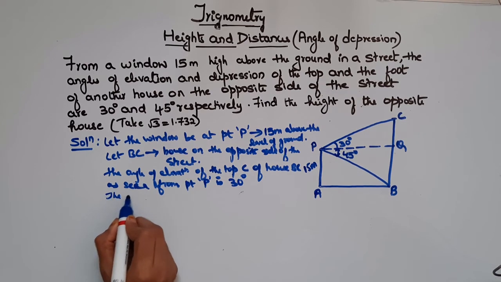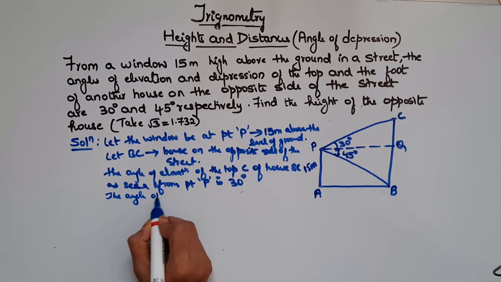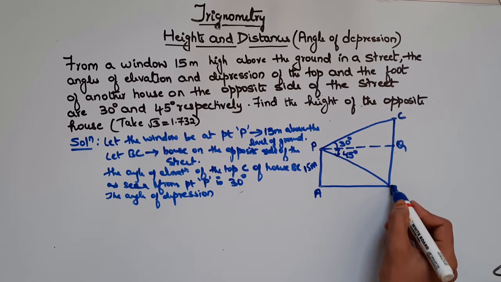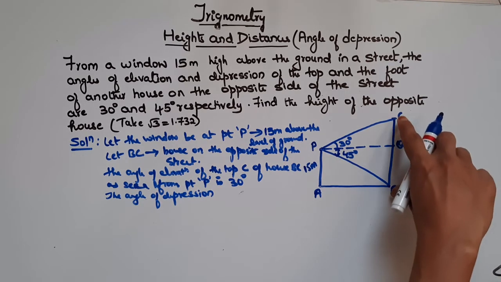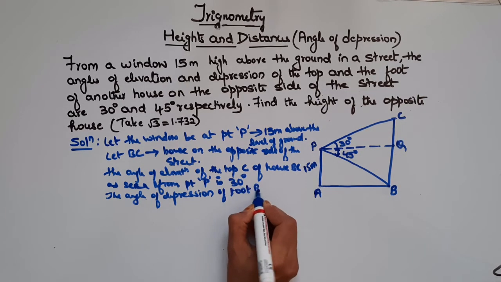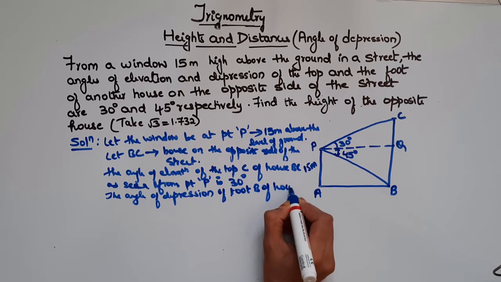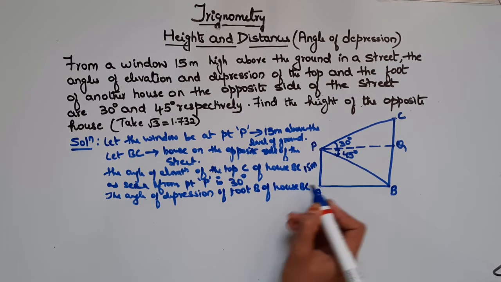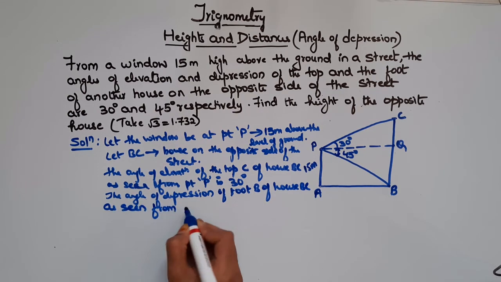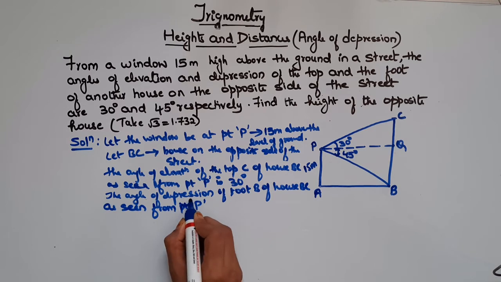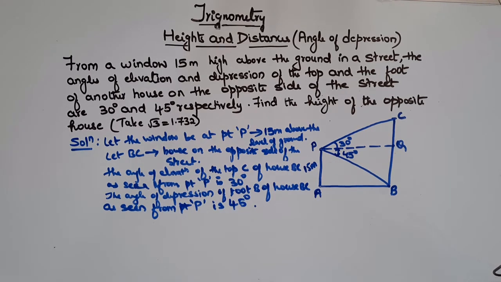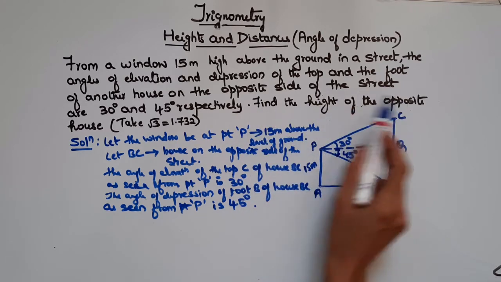And the angle of depression of foot B of the house BC, as seen from point P is 45 degree, right? So they have asked us to find the height of the opposite house.